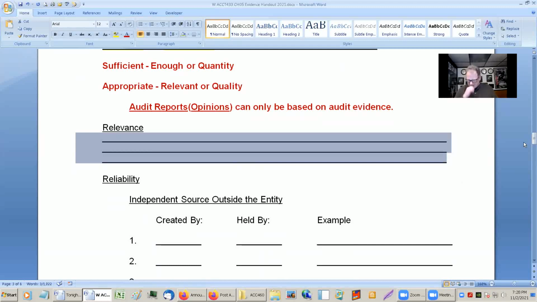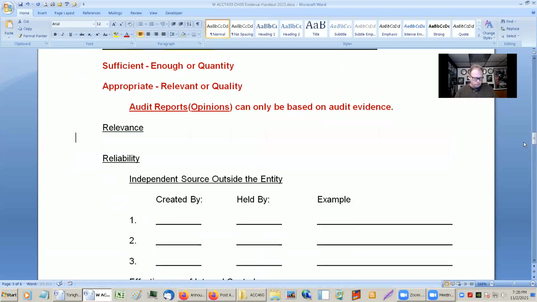So relevance. There are a few different things that go into relevance, and relevance means that the evidence must relate to the audit. There's a time element in there too, and a number of other things. It could be materiality, for instance, as far as how someone books something.